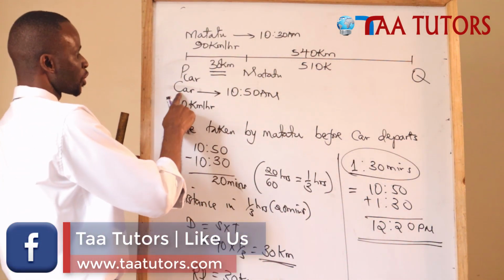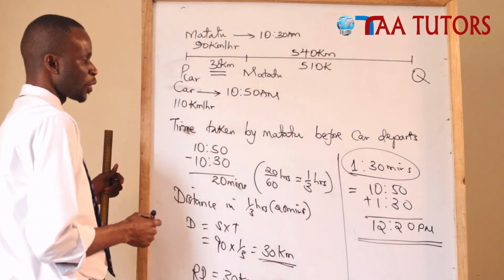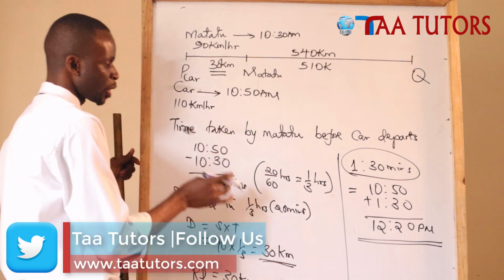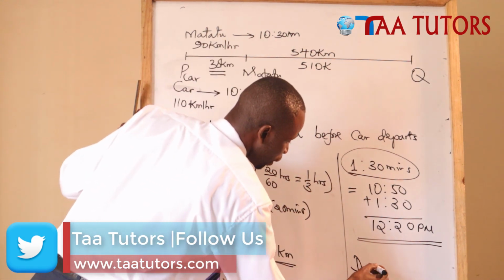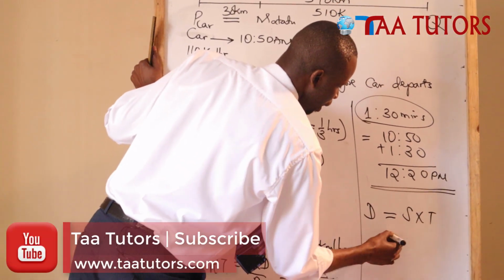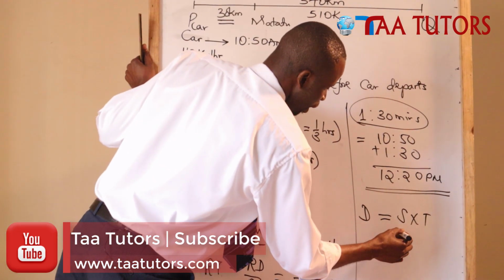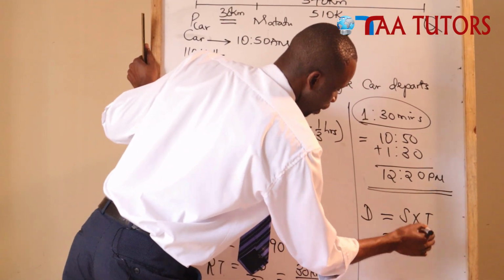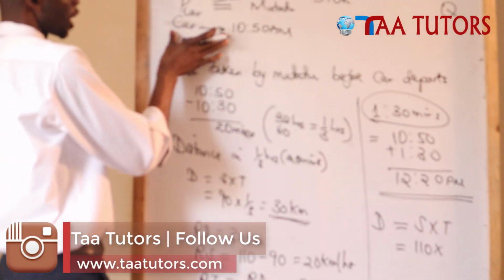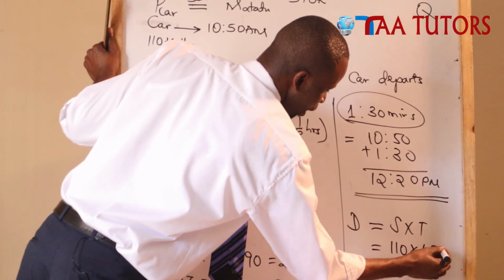I'll quickly just use the car, because the car is traveling for 1 hour 30 minutes, that's 1.5 hours, and the car's speed is 110 kilometers per hour. So the distance from town P where they caught up will be speed times time. In this case, I want to use the car speed, 110 kilometers per hour, times the time taken for the car, which is 1 hour 30 minutes, or 1.5 hours.